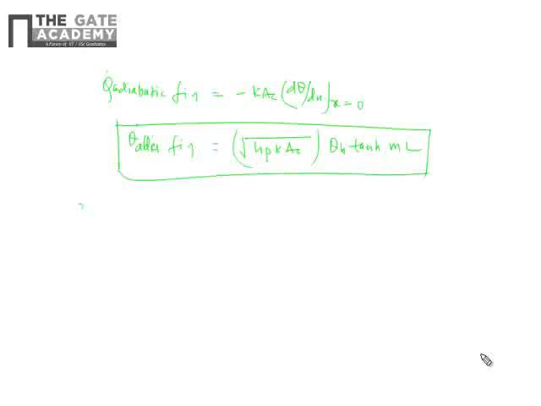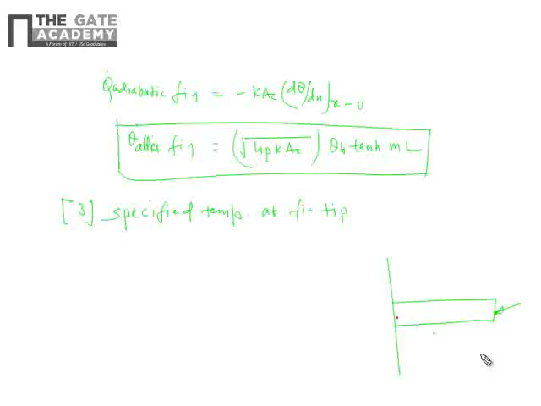The third kind of fin is a specified temperature at the tip. Let us say this is my fin, and with some instrument I can measure the temperature of the tip. Then this kind of fin comes under this type: a specified temperature at the fin tip.